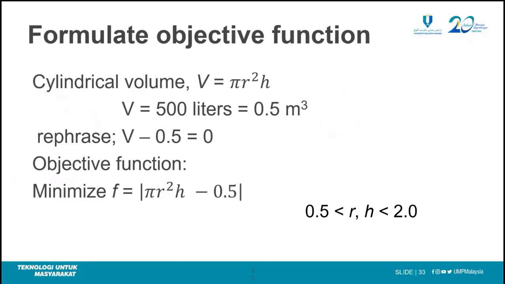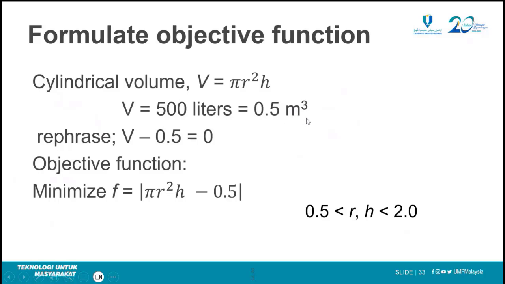For this example, we know that the cylindrical volume can be calculated by using the cylindrical area multiplied with the height of the cylinder. So the volume will be pi r square times h. V is equal to 500 liters, which if we convert into cubic meters is 0.5 cubic meters.